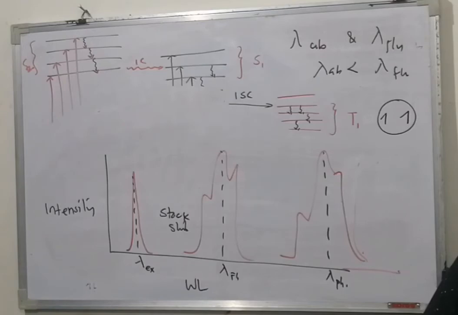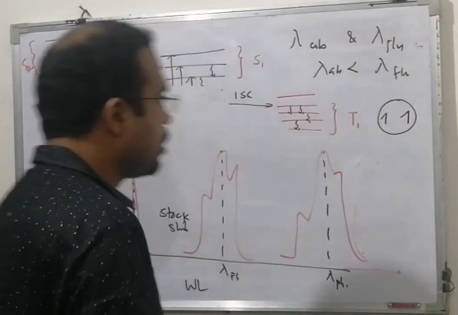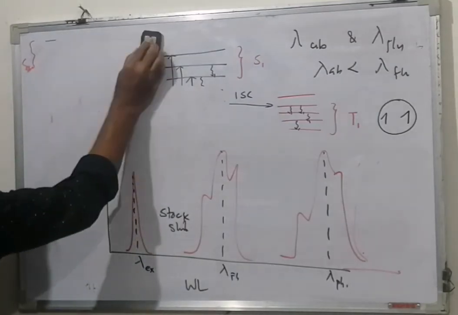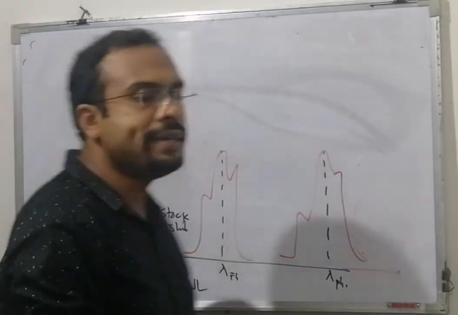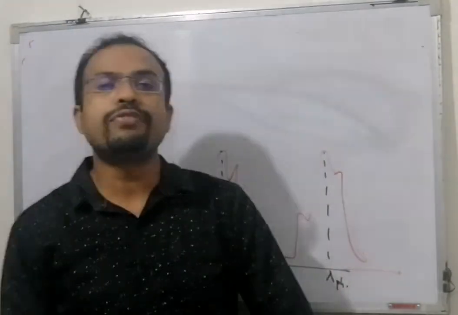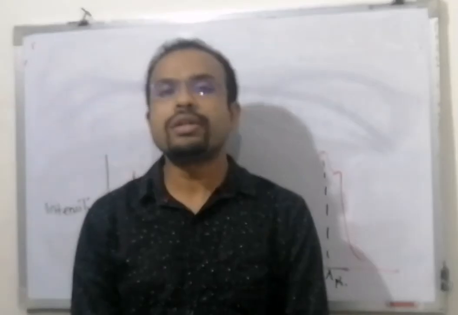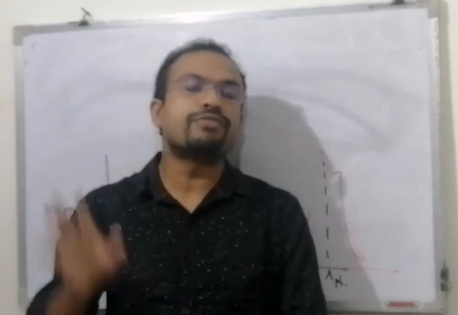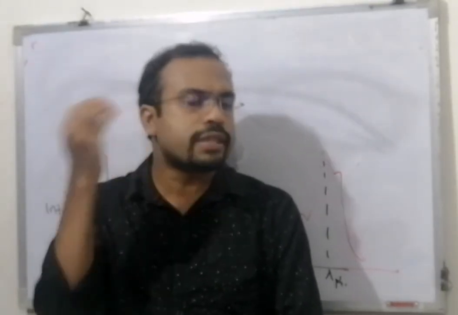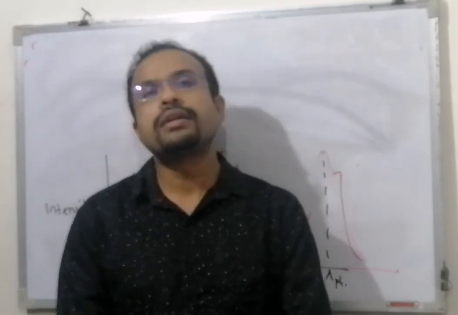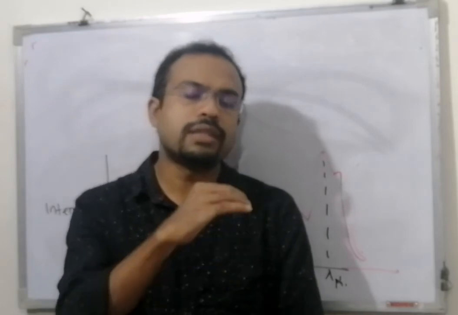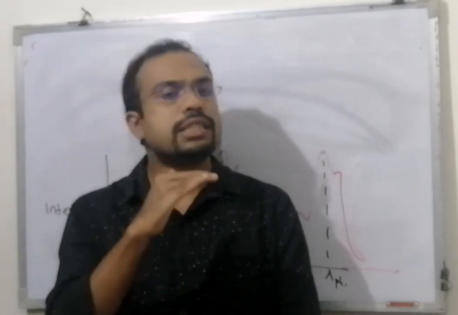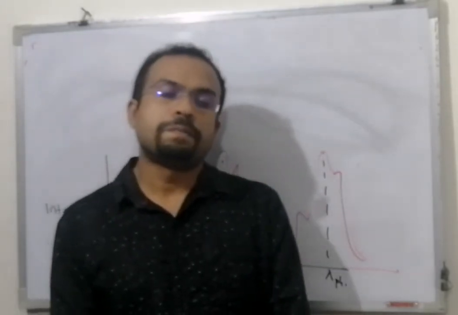Yes, therefore this is all about fluorescence and phosphorescence. Phosphorescence is called delayed fluorescence. Why? Because it is like fluorescence: light is emitted and you will see the light, but it happens after some time, because it has a high resting time at the excited level.